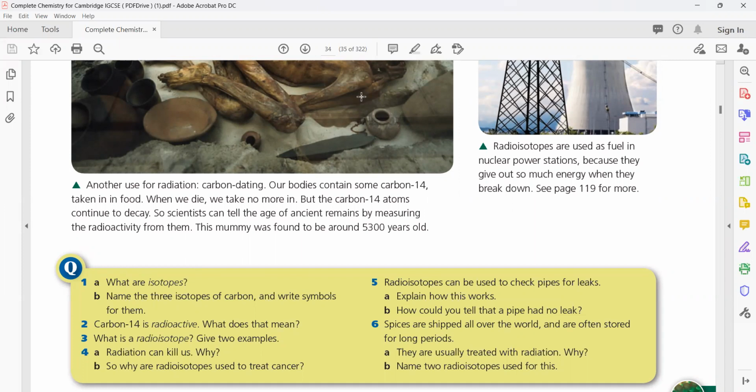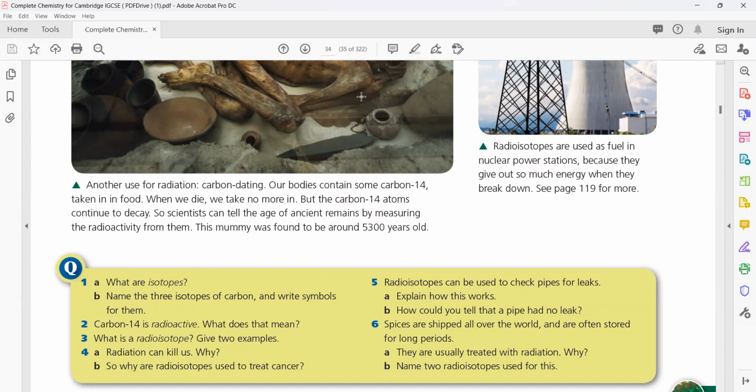Very easy. Teacher, atoms of the same element or something like that. Yes, Amro, very nice. Excellent, my dear. If atoms have the same atomic number but different nucleon numbers, the same number of protons but a different number of neutrons in the nucleus, we name them isotopes.